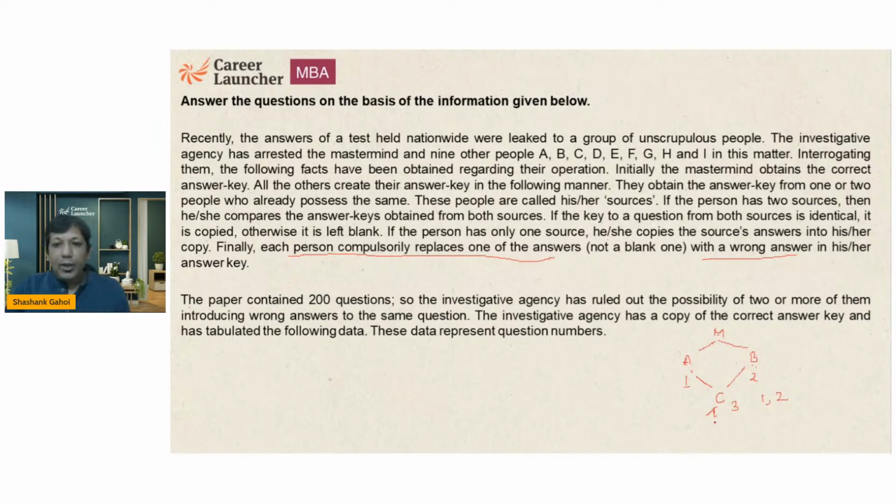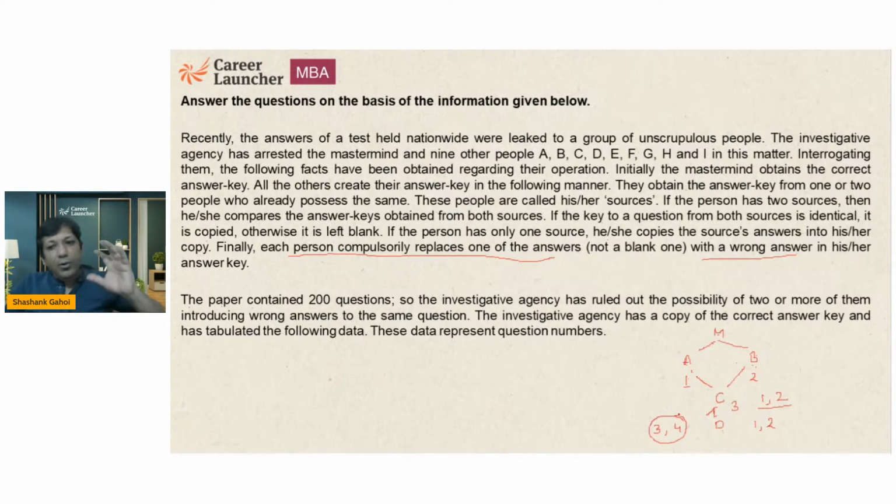Now C gives his answer key to D. D is receiving an answer key that has 1 and 2 blank, so D is also leaving 1 and 2 blank. D is also receiving an answer key that has question number 3 wrong, so D is also marking question number 3 wrong, as well as introducing one more wrong answer, let's assume question number 4.